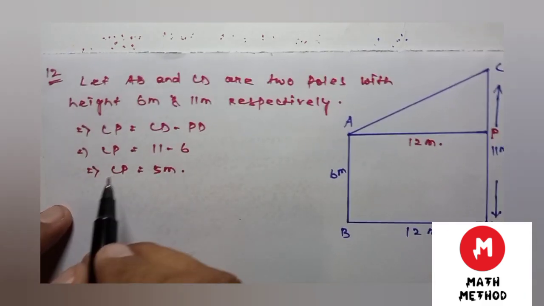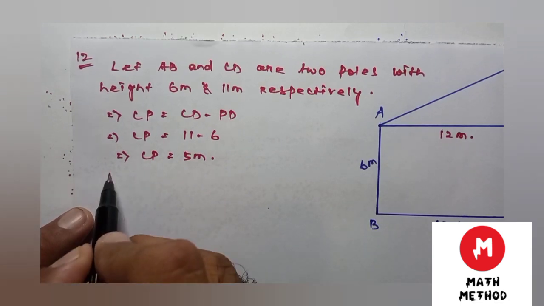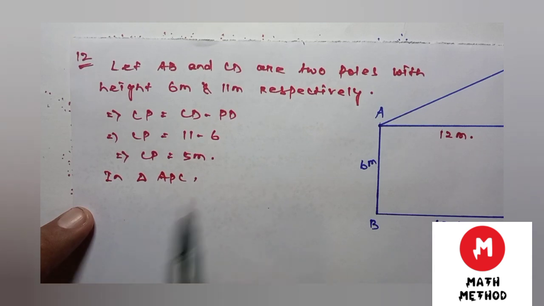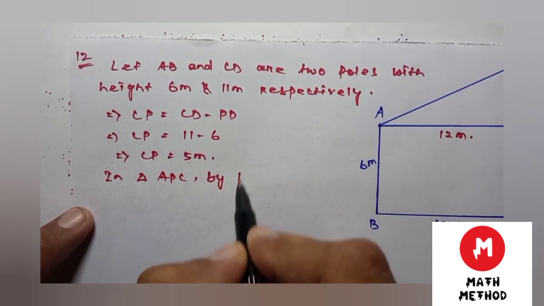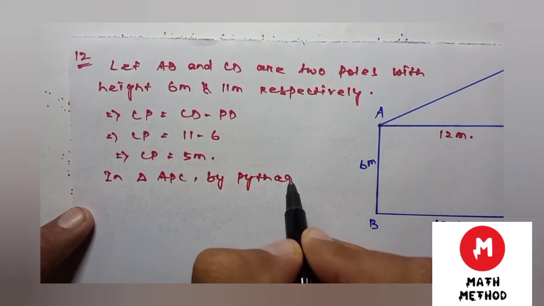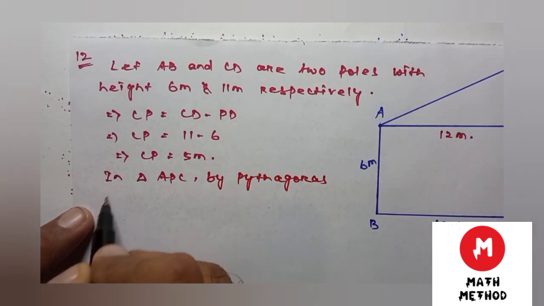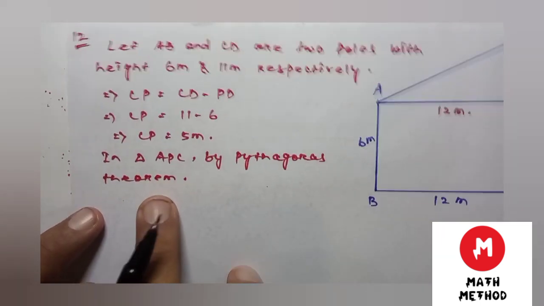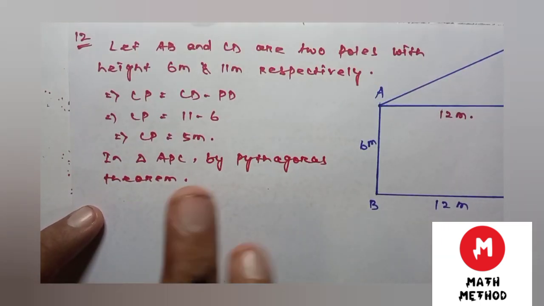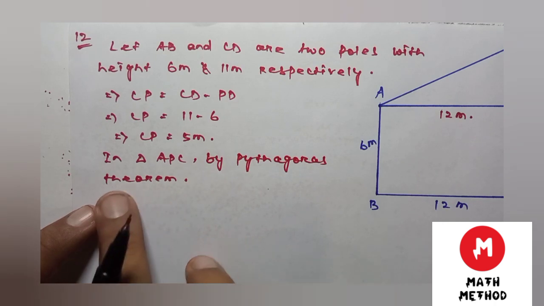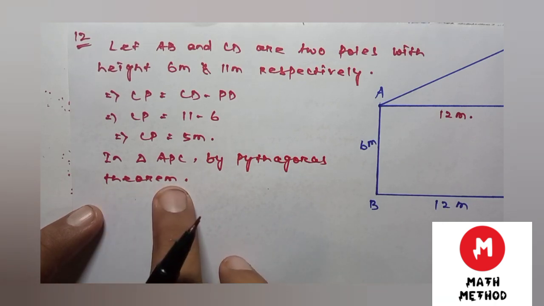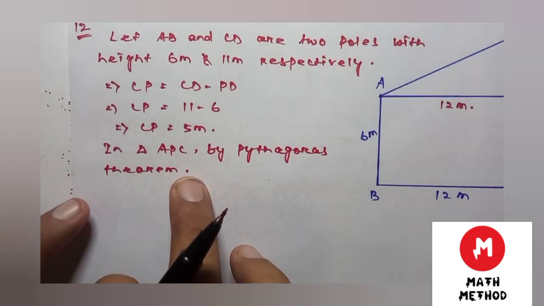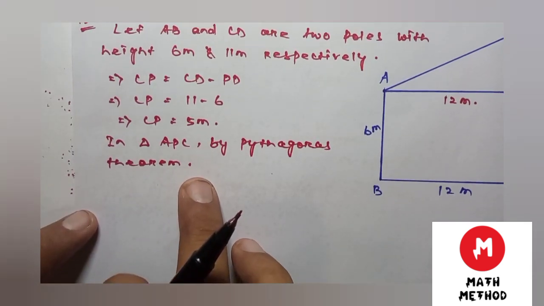Now in triangle APC, by Pythagoras theorem. I am writing the spelling of theorem, I always write it wrongly. I always write this as theorem RM. So this is my mistake I make every time.